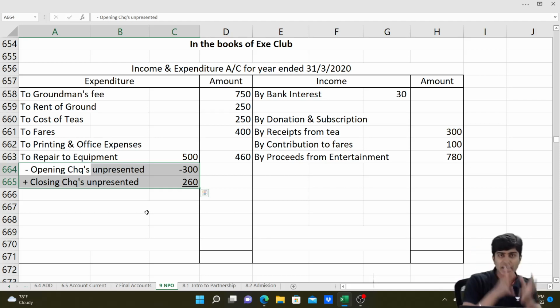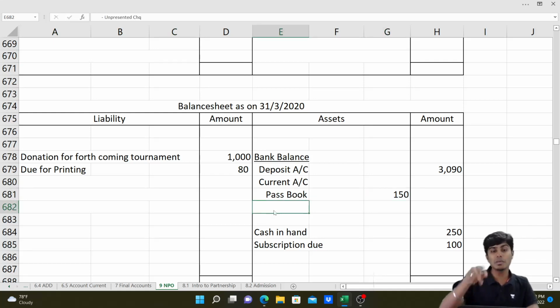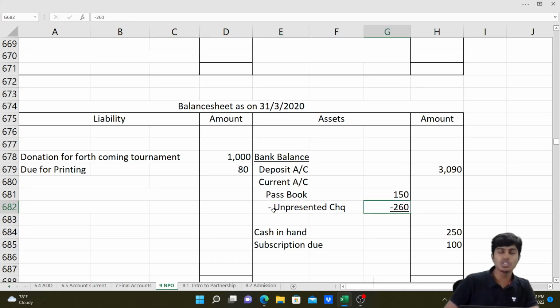Why? We have considered balance as per passbook and not balance as per cash book. So let's change it. Here we have the closing balance sheet. So we have balance as per passbook 150. But this 150 is before making the payment of 260. Now we would make this payment of 260 in the current year only. It is unpresented, but it is a timing difference, not a non-timing difference.